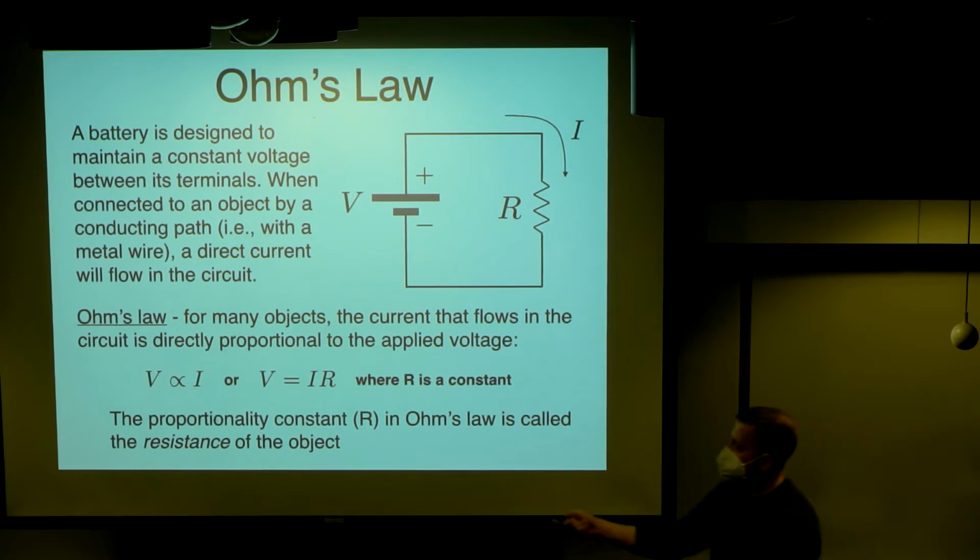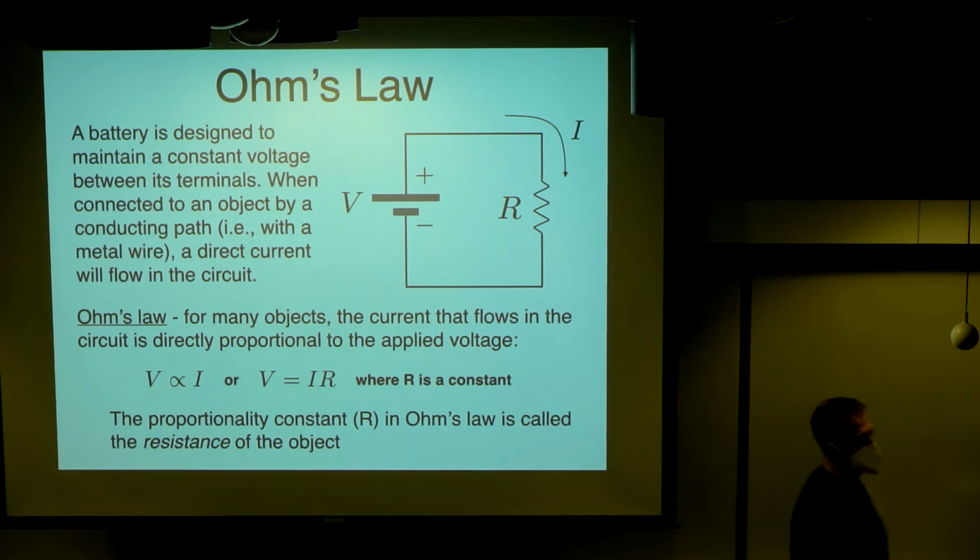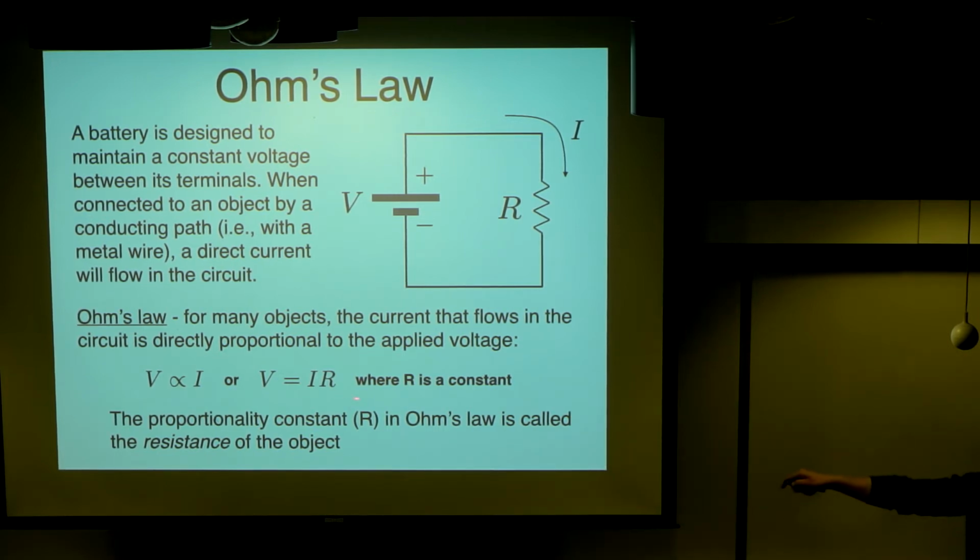Now, when we have this kind of direct proportionality, as always, we know there's some kind of constant that goes into this. There's a proportionality constant. And that we're going to call R. Okay, so V is directly proportional to I. We're going to write that as V equals I times R, where R is this constant of proportionality.